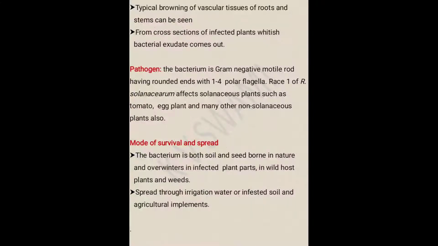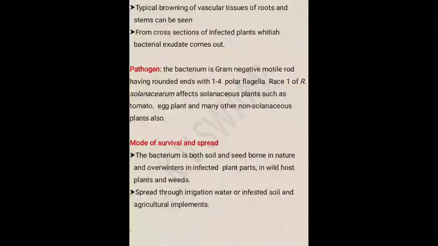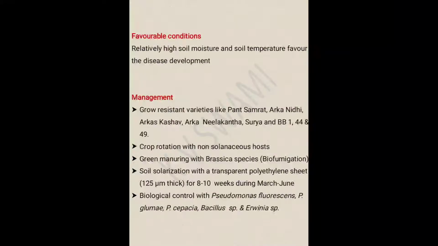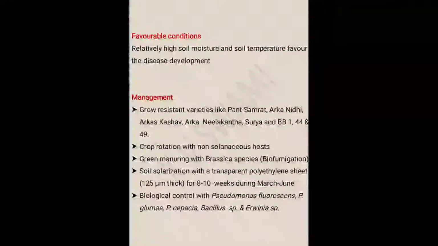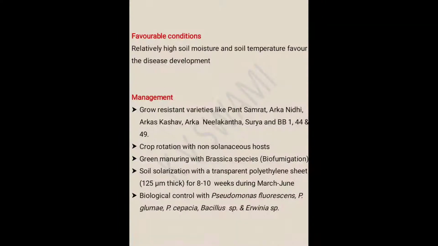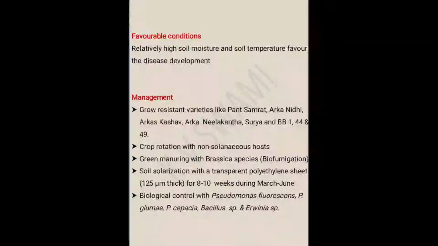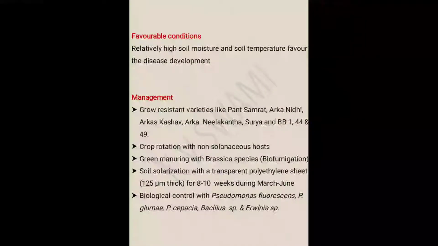Spread through irrigation water or infested soil and agricultural implements. Favorable conditions: relatively high soil moisture and soil temperature favors the disease development. This is a very important factor. Climatic conditions play an important role for the incidence as well as the development of the disease.